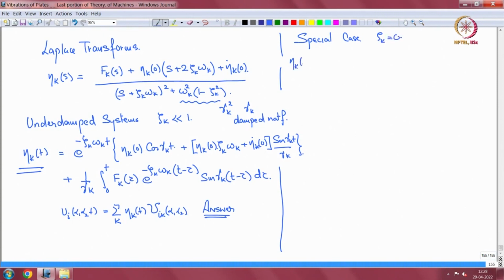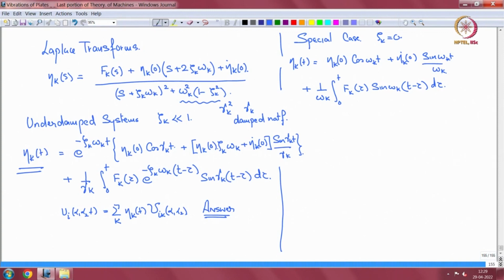The response is equal to eta k 0 cos omega k t plus eta k dot 0 sin omega k t by omega k plus 1 by omega k integral 0 to t f k of tau sin omega k times t minus tau, d tau. So that's the story of eta k.